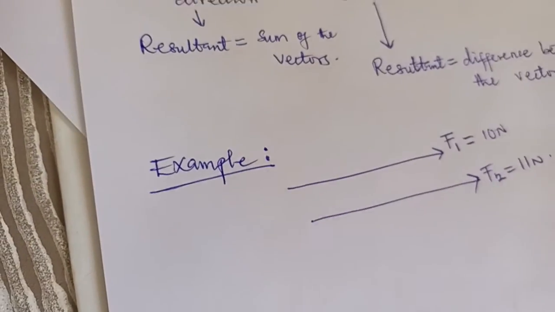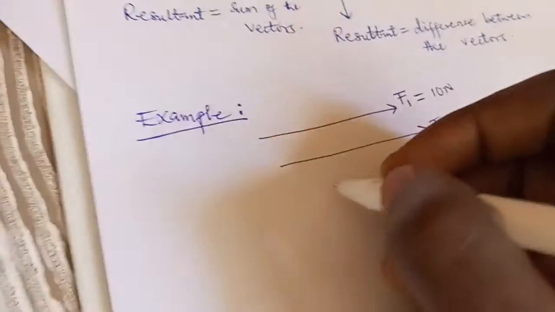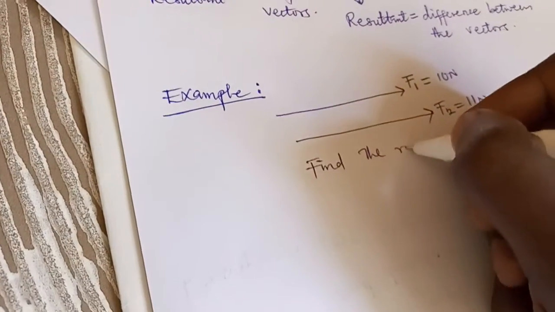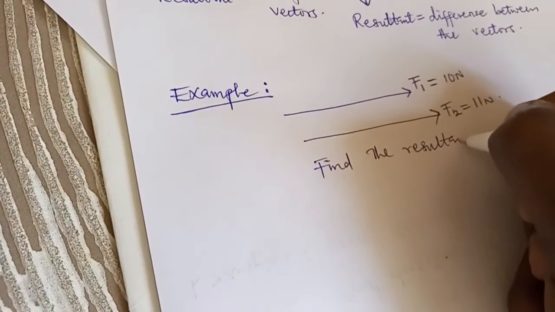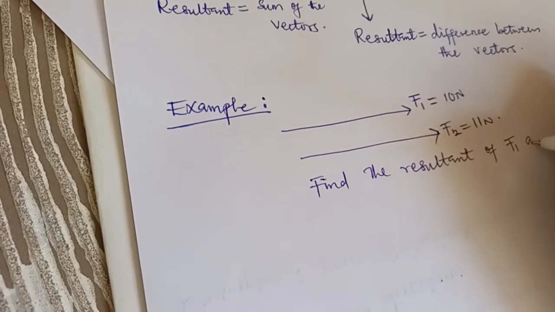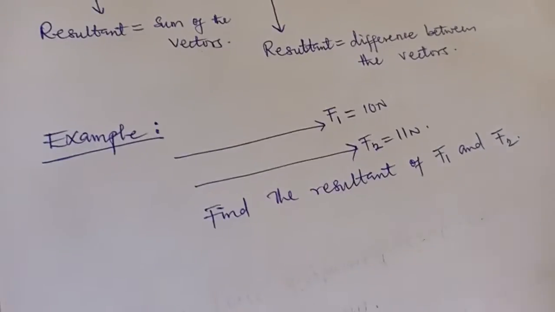Now, you are asked to find the resultant of F1 and F2. So you are asked to find the resultant of these two vectors F1 and F2.